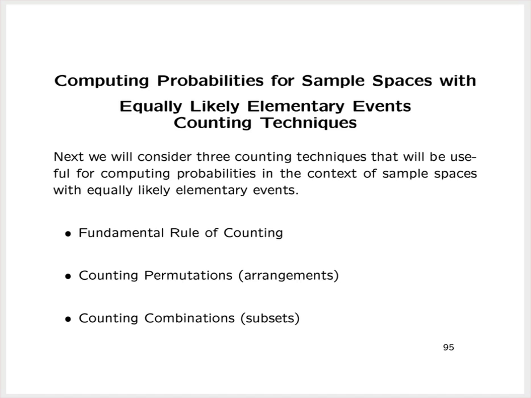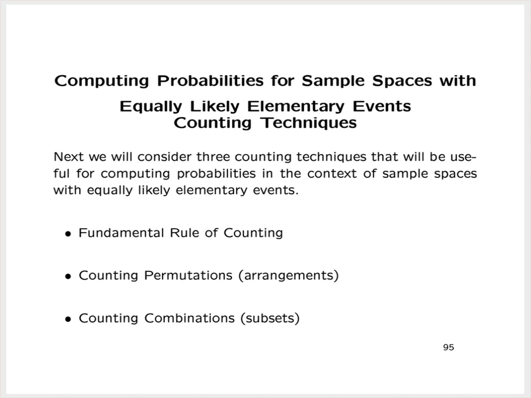All right. Now, in the last lecture video, we looked at how to calculate probabilities of events in those situations where the experiment has been conducted in such a way that the sample space of that experiment consists of equally likely events. Now, in that kind of a situation, the way that we calculate the probability of an event is to determine or count the number of ways that the event can occur.